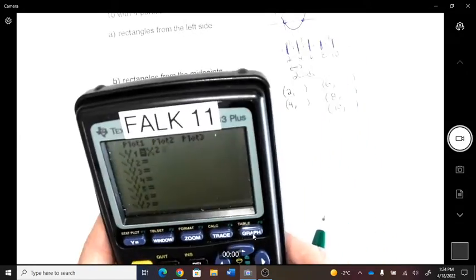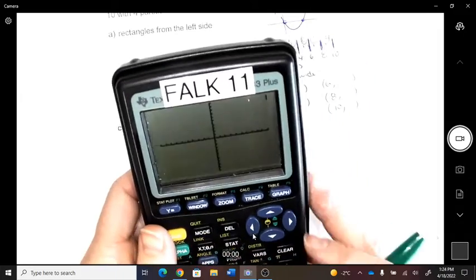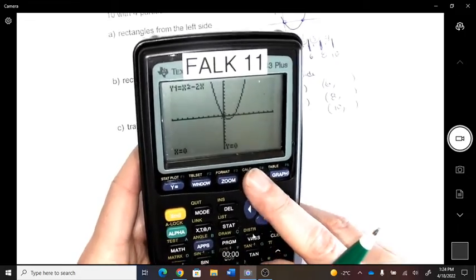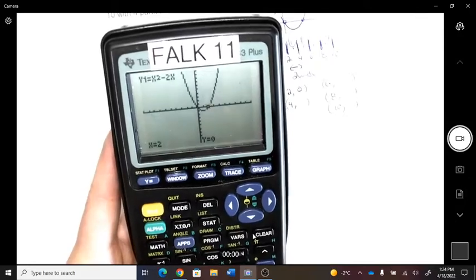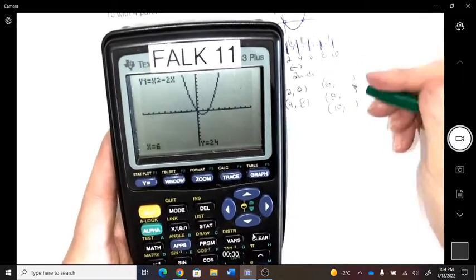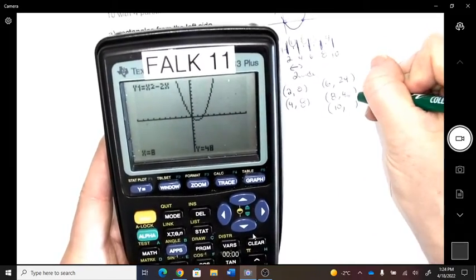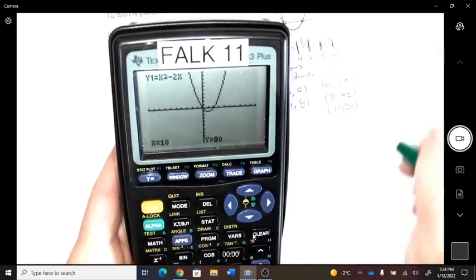X squared minus 2x. Okay, so there's our graph. Ready? At 2, you're at 0. Oh, we knew that. At 4, your height is 8. At 6, 24. At 8, 48. 10, you're at 80.